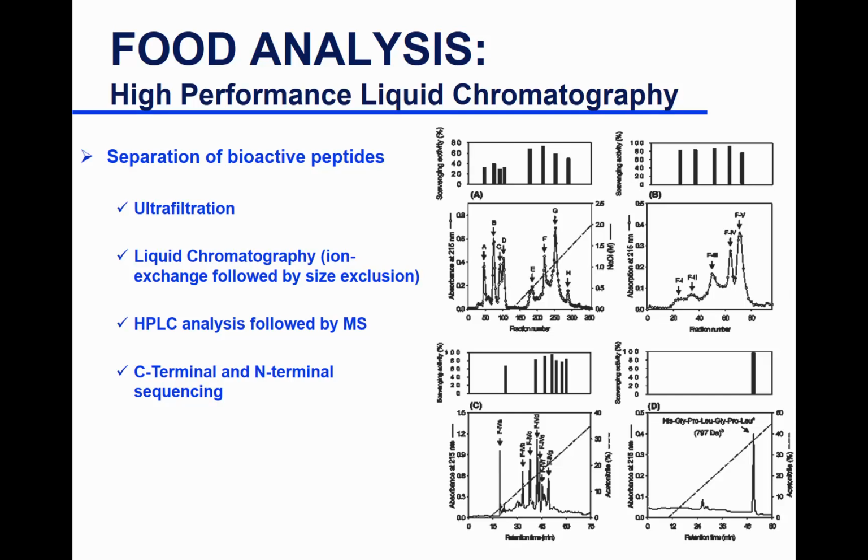So then you will do either ion exchange followed by size exclusion, or size exclusion followed by ion exchange. It doesn't matter the order. Some people like to start with separating based on molecular weight or size first, and then on charge. What matters is having two-dimensional separation.